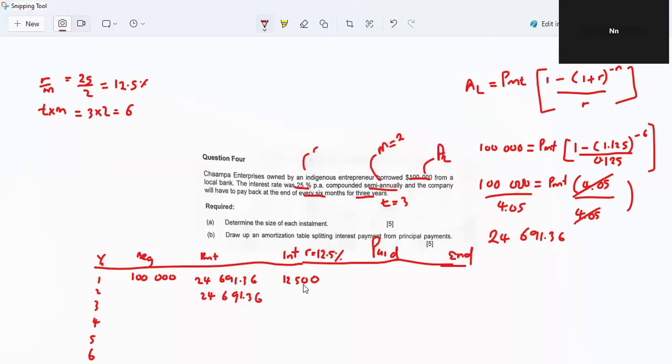So what do we get here? 12,191.36. Then you get the end value.